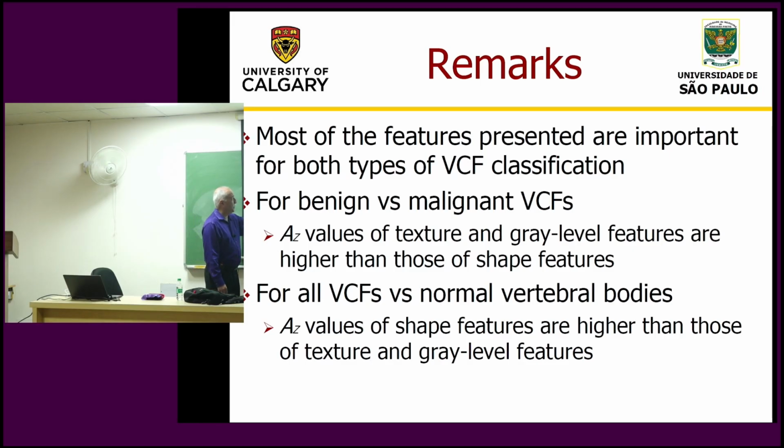But for all VCFs compared to normal, shape factors contribute more to the classification than gray level and texture features. So depending on how you formulate the problem and the classification step, shape or texture will be useful. But if you want both, then put them all together.